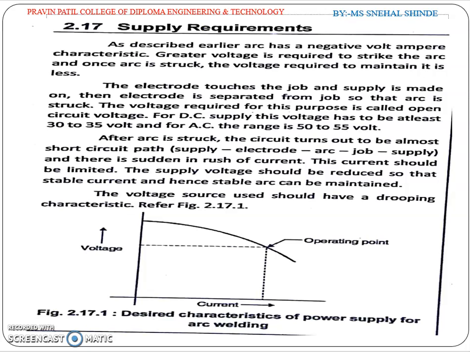This current should be limited. The supply voltage should be reduced so that stable current and hence a stable arc can be maintained. The voltage source used should have dropping characteristics as shown in the figure. So these are the desired characteristics of the power supply.